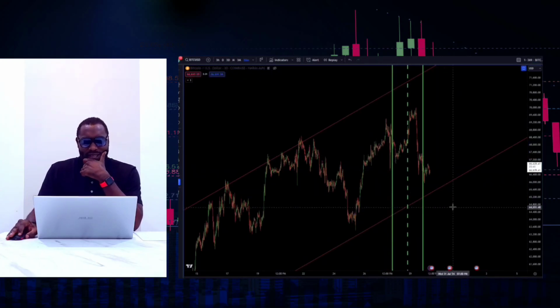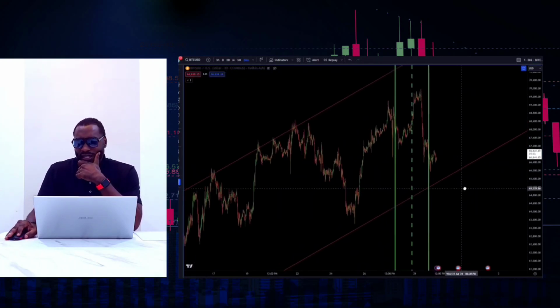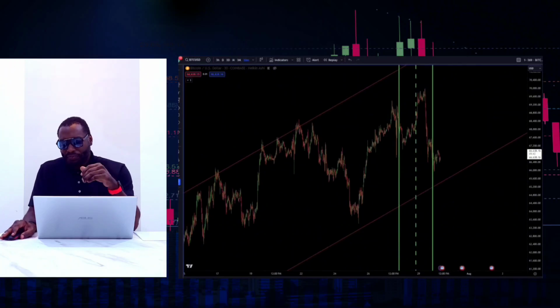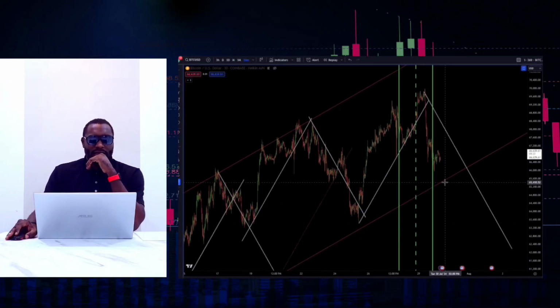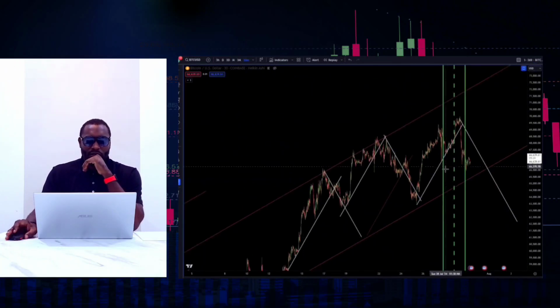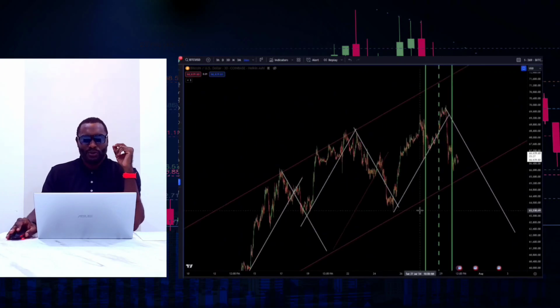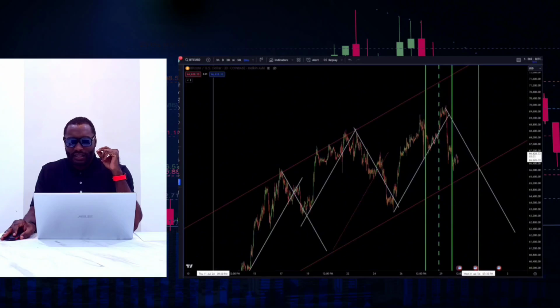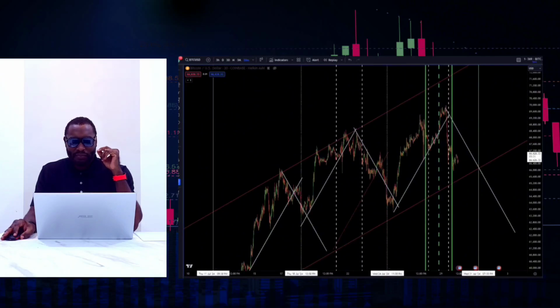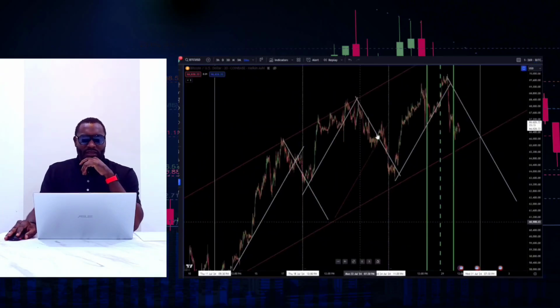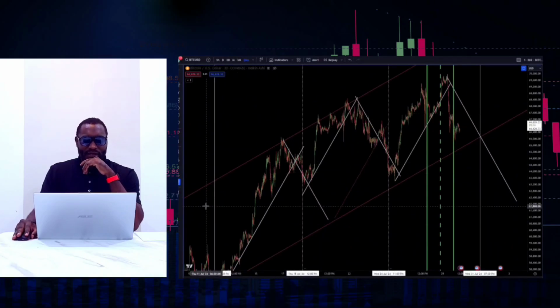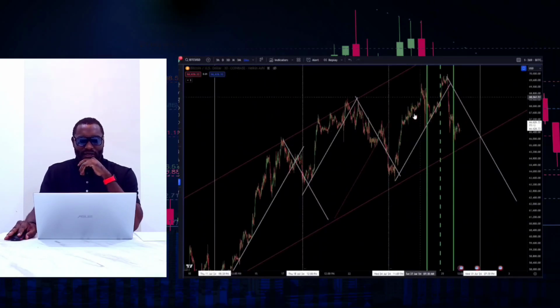But let's look at this candle and why we want to look at the division of time. In terms of trend lines, we're in this upward trend, but then we have internal trends, and internal divisions of time. This is a cycle in and of itself.